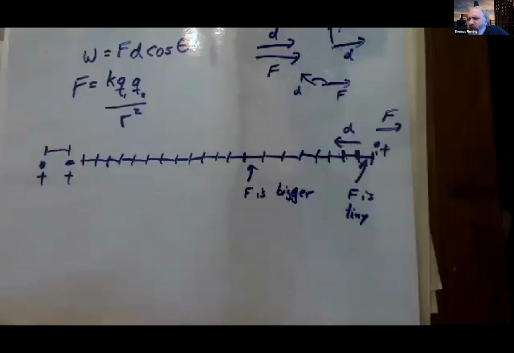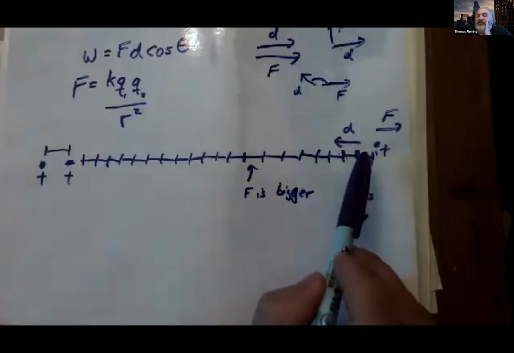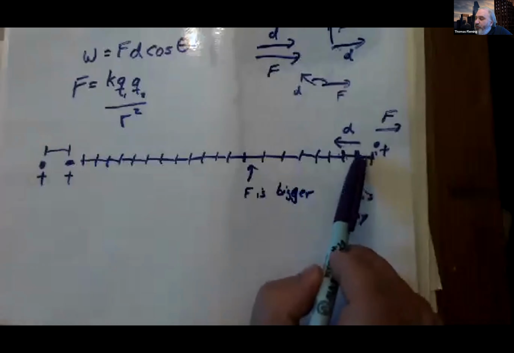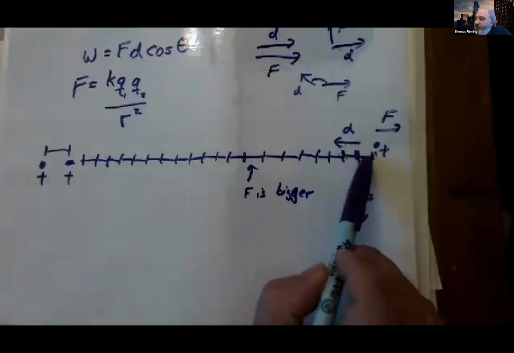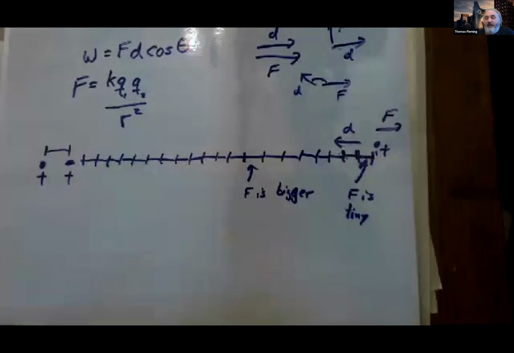However, if you've taken calculus, you might recognize that what I'm really doing is an integral. Each of these tiny little things is a tiny little distance dr, so I'm integrating with respect to r. If you know calculus, this next formula should not be a surprise to you. It should look pretty obvious as to where it comes from.